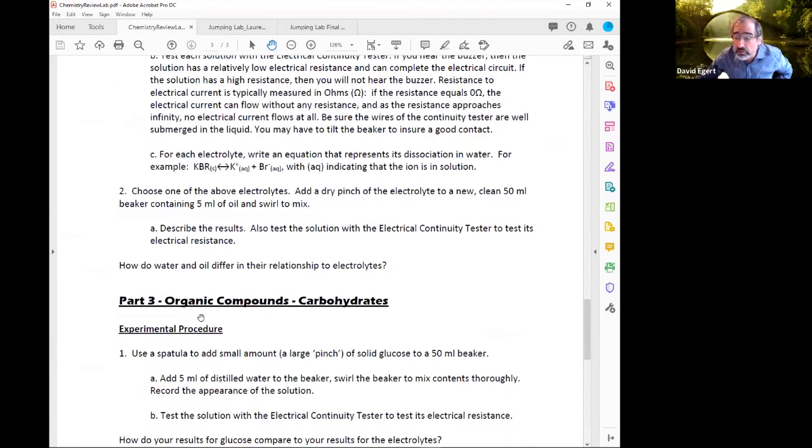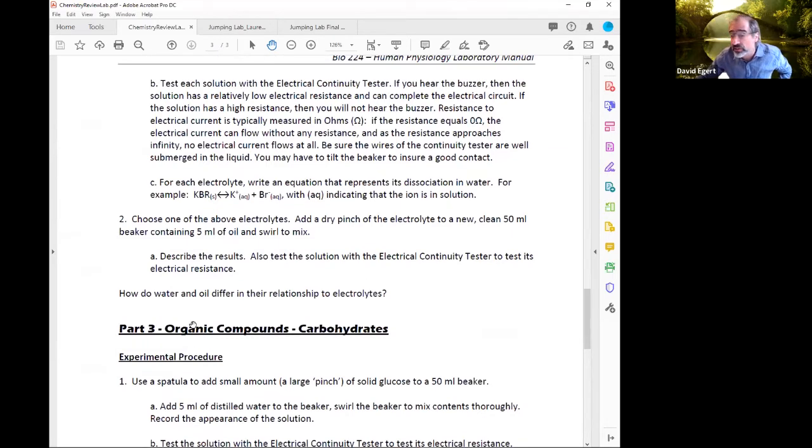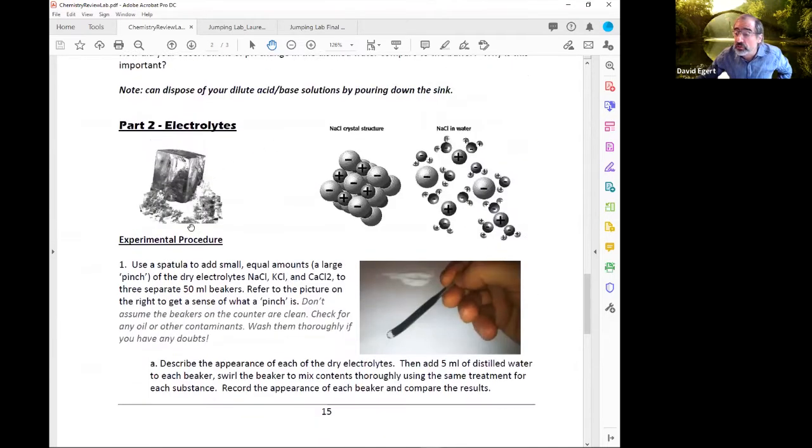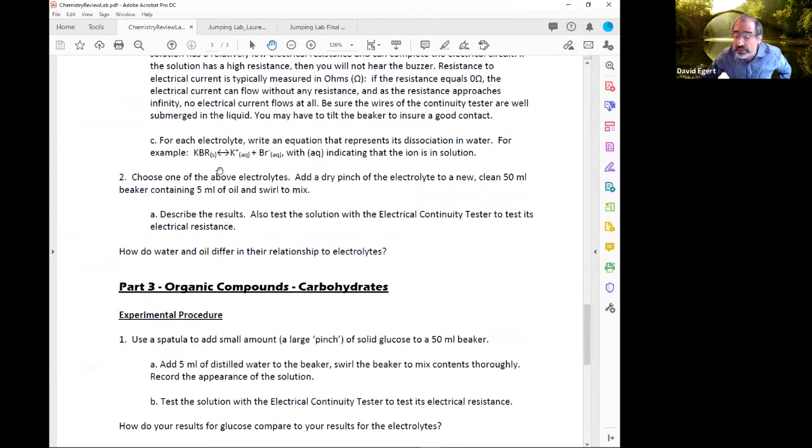This is where you're going to be able to bring in all the theory that we're talking about of dissociating versus just dissolving, and why did it dissolve? How are they similar? How are they different? So the first part is your observations, which you can do now, but then you're going to have to do a more elaborate unpacking of what it all means.